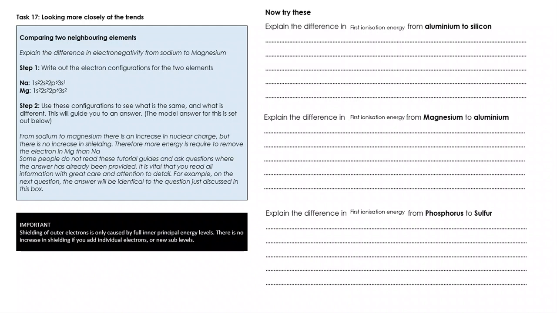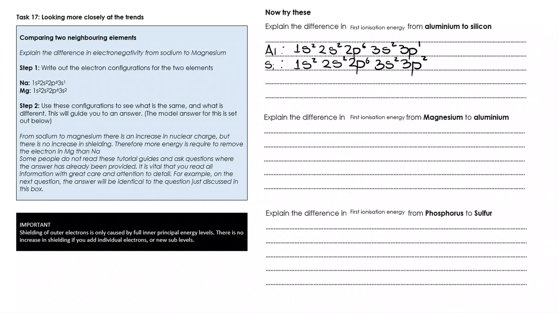Now, my big tip here, when you're comparing two, is to always write out the electron configurations of both of the elements. It might seem like a big impact on time, but it actually helps you to really strongly visualize what the differences are and therefore why we see what we see in terms of the trends.